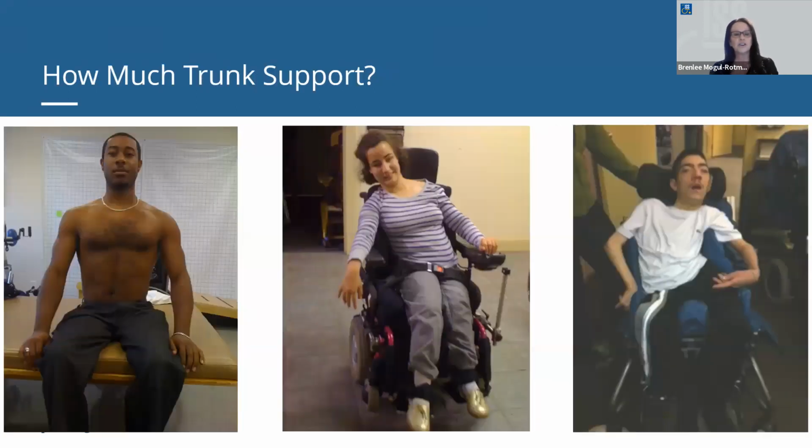We also need to determine how much force is required to support that individual. So Anthony on the left is a low-level paraplegic with abdominal and trunk muscles working. He requires very minimal support, and you could see that if you were behind him and had your hands on him. The young lady in the middle has significant amounts of high tone and spasticity, which definitely cause her to lose that upright position.